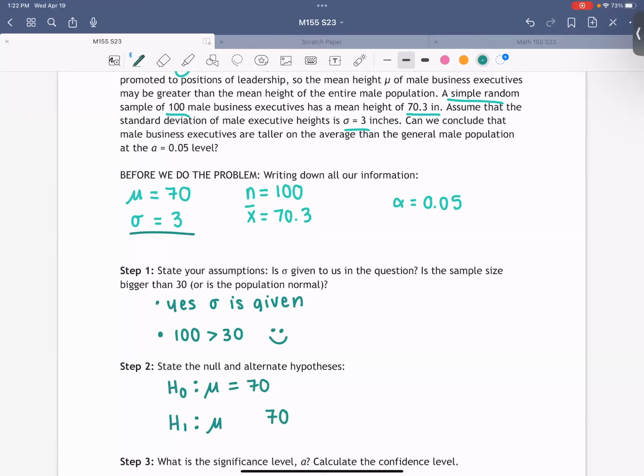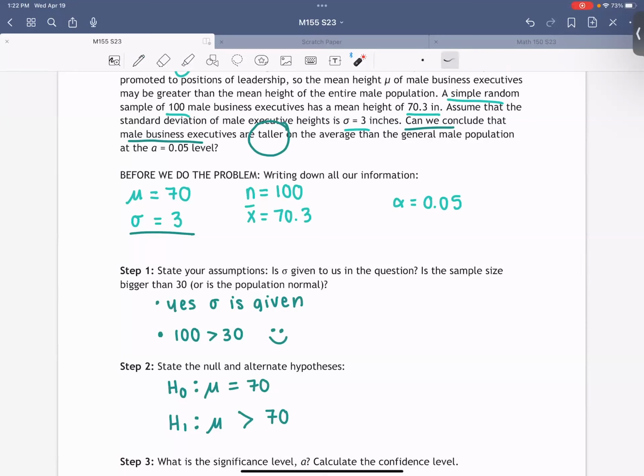Yeah, take a look at the question. It says, can we conclude that the male business executives are taller, right? So if there's anything in the question that says bigger, smaller, taller, shorter, wider, narrower, something like that, that talks about greater than, less than, that tells you what symbol goes in here. So since it says taller, definitely greater than symbol.